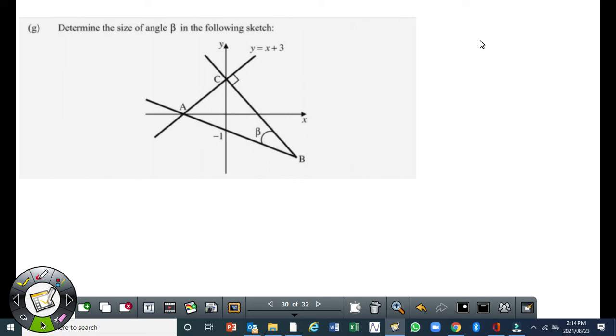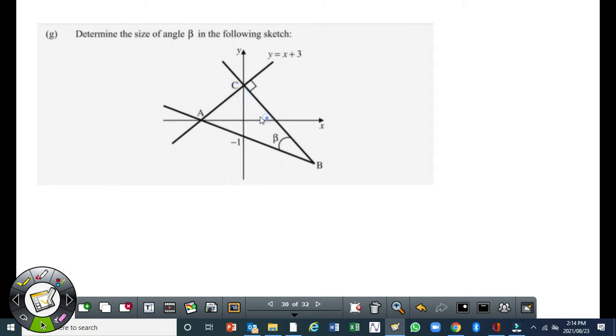Now, it's going to depend on how you want to calculate. If I want to calculate this angle here, that would be an angle of inclination, right? Also, if I want to calculate this whole angle here, it's not an angle of inclination, right?